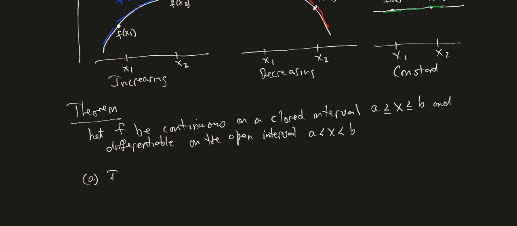So if the derivative, right, is greater than or equal to 0 for all x in this interval, so every real number between a and b, then f is increasing, right, on this open interval, right?